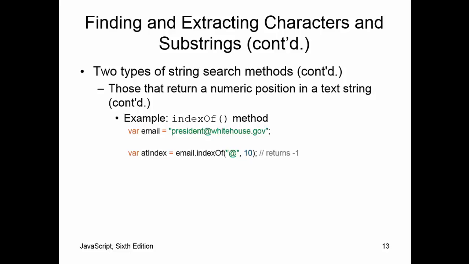Now typically, if you are trying to search a string to see if it contains a substring and it does not, most of the time it's going to return -1, which means the absence of any kind of value.